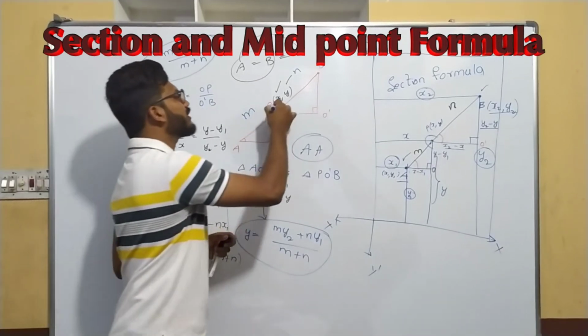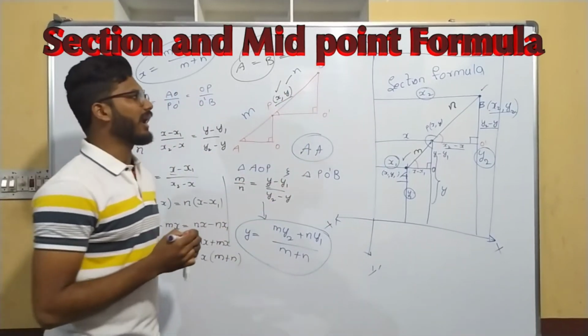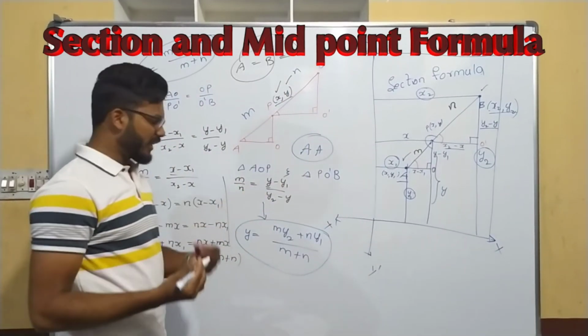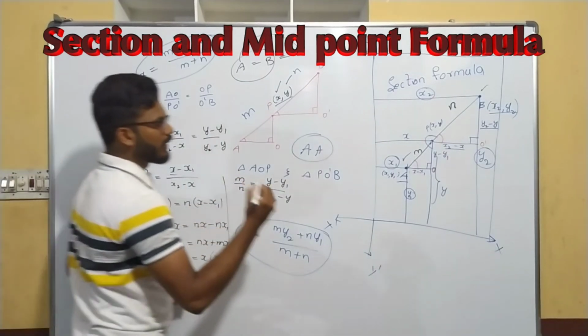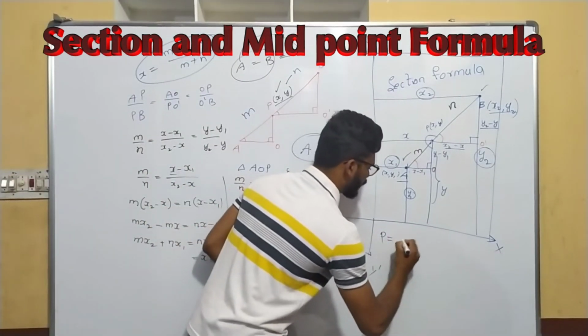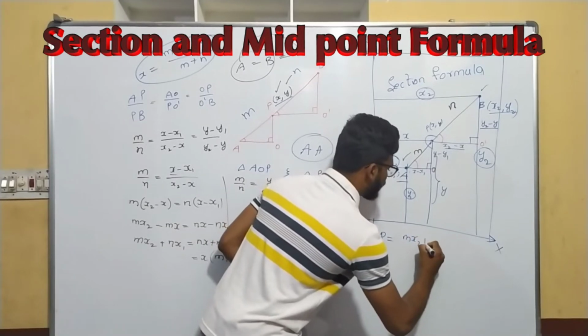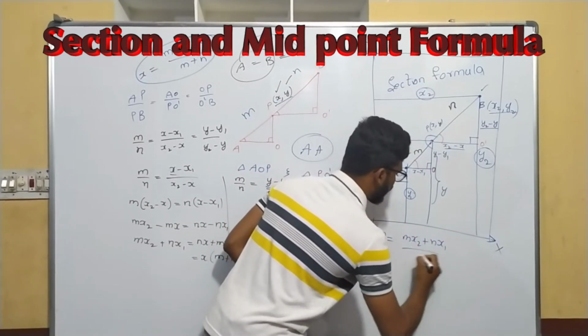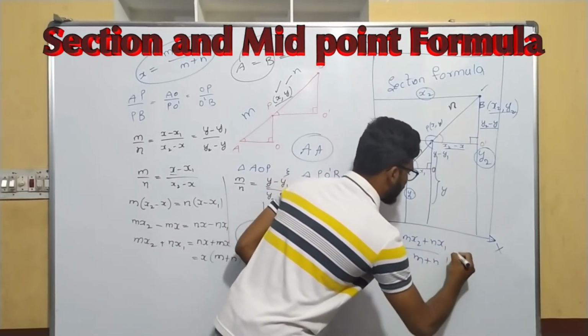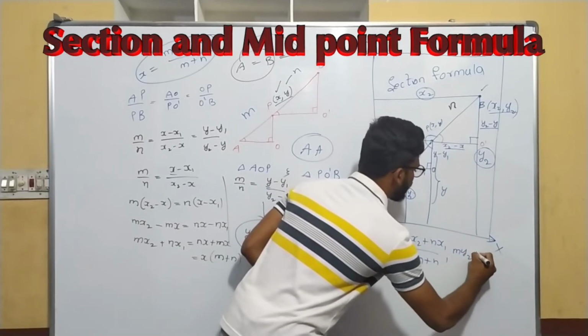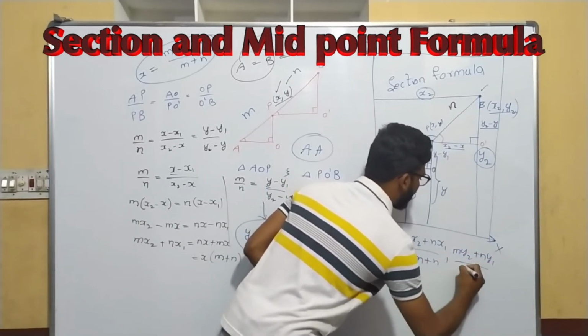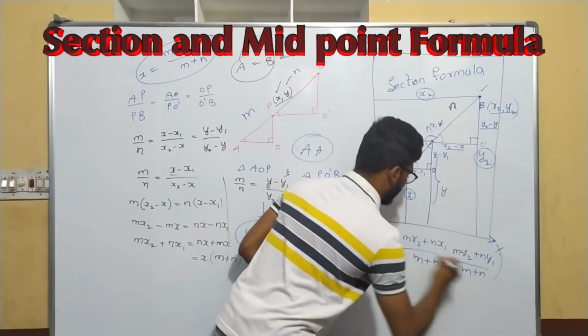Then the coordinates of point P you can find by using the formula P equal to mx2 plus nx1 by m plus n comma my2 plus ny1 by m plus n.